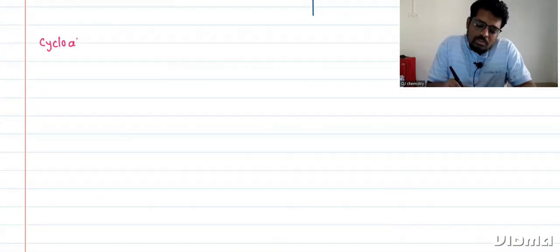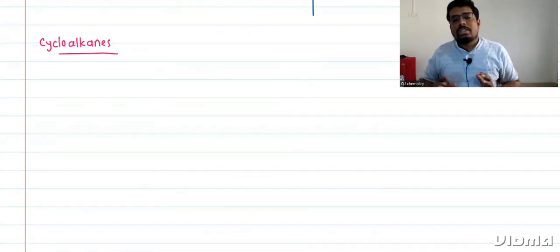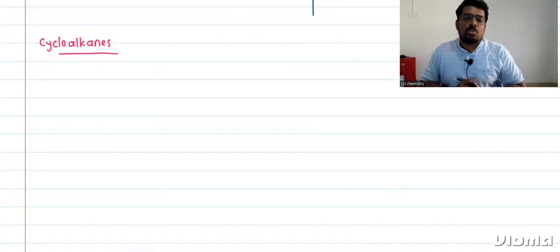Now, the next case we'll discuss is in case of cycloalkanes. What are the requirements? Which type of cycloalkanes can show geometrical isomers?